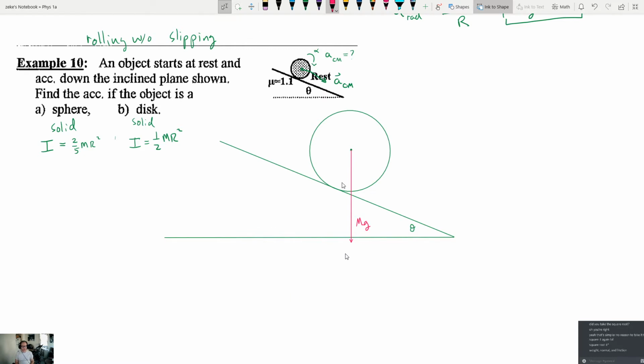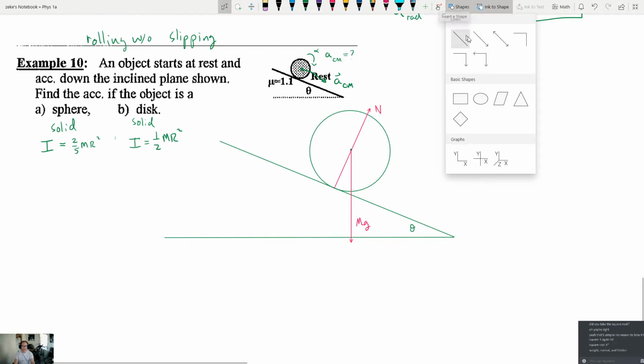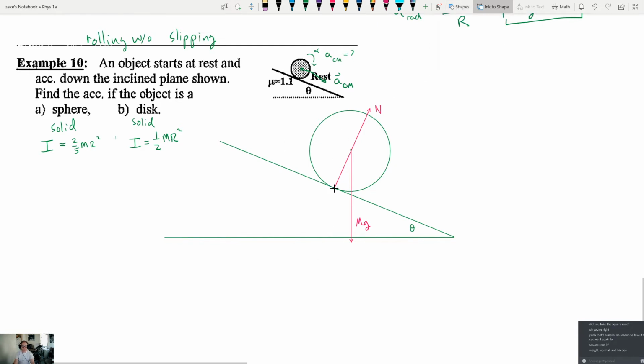There's going to be a normal force. The normal force needs to be drawn from the surface, right? Like this. So that's our normal force. And then the friction force should be going back this way on the surface, right? So there we go. We have friction, weight, normal.